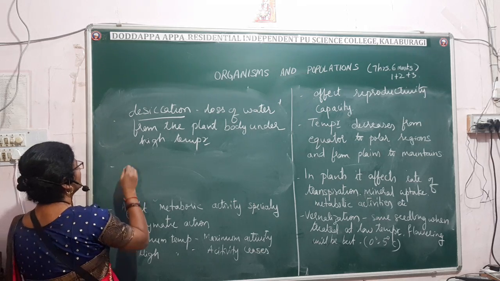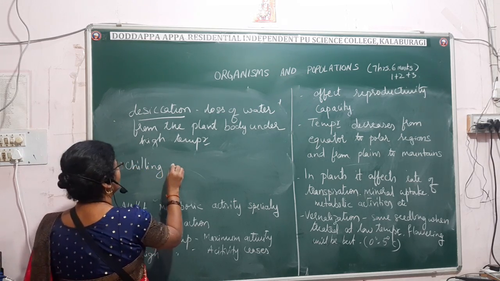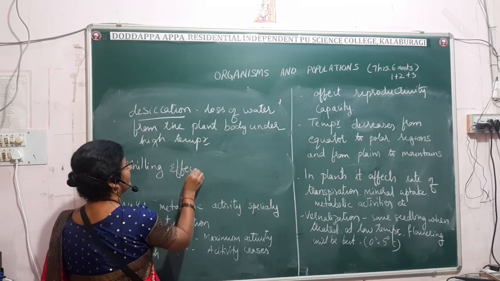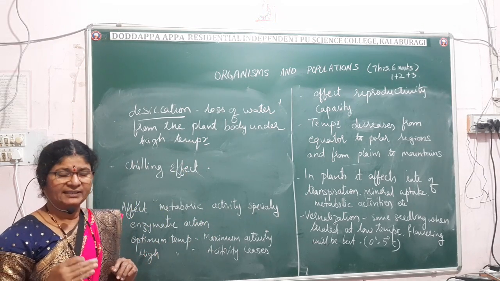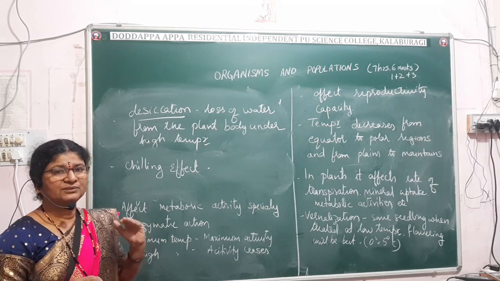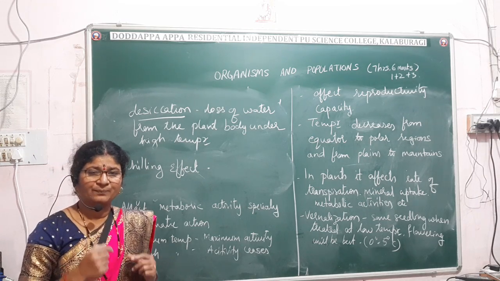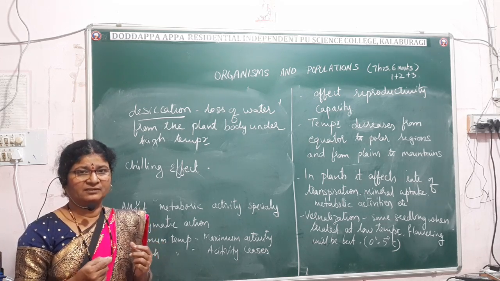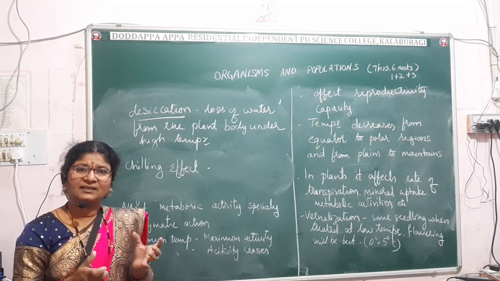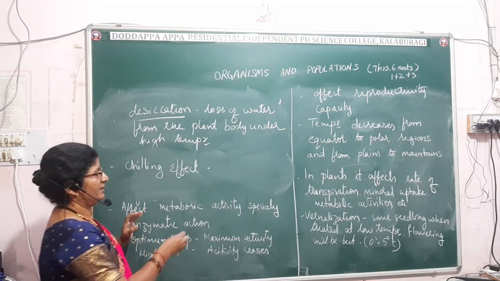Then the chilling effect. When the temperature decreases to the minimum, the water present in the plant body will become crystals. It will form ice crystals, and that also will damage the plant body, and that is called the chilling effect.